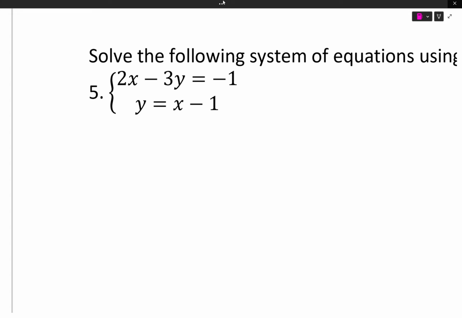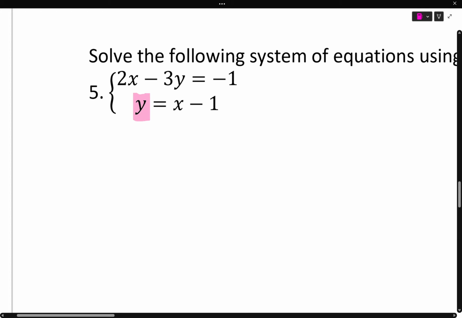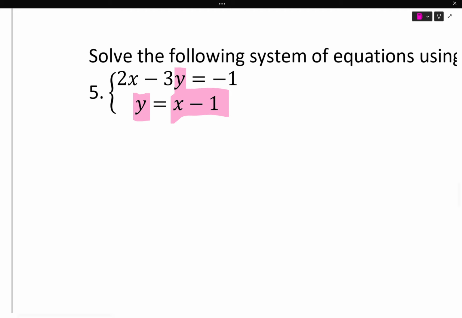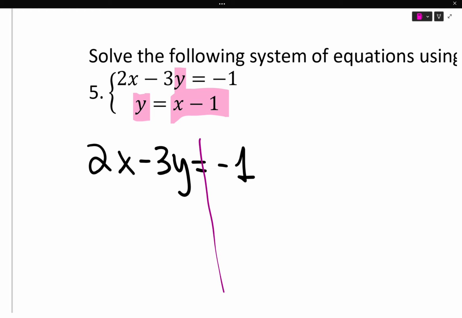Okay. Now, in number 5, I have a y equals equation. That means I can substitute my y. And this is what I mean. Now, I like to rewrite my equations just to make it nice for my handwriting. So I'm going to rewrite that first one because I'm going to be plugging in y into that first one.